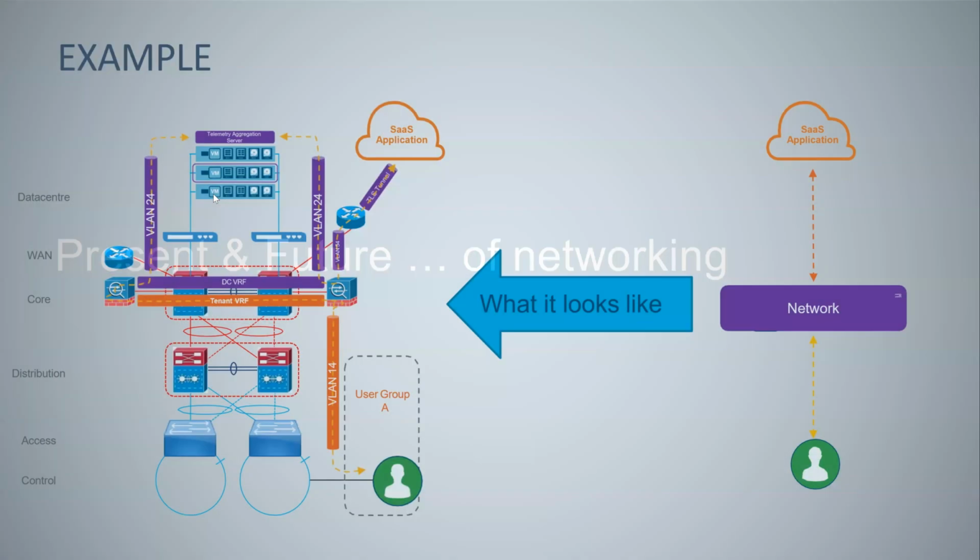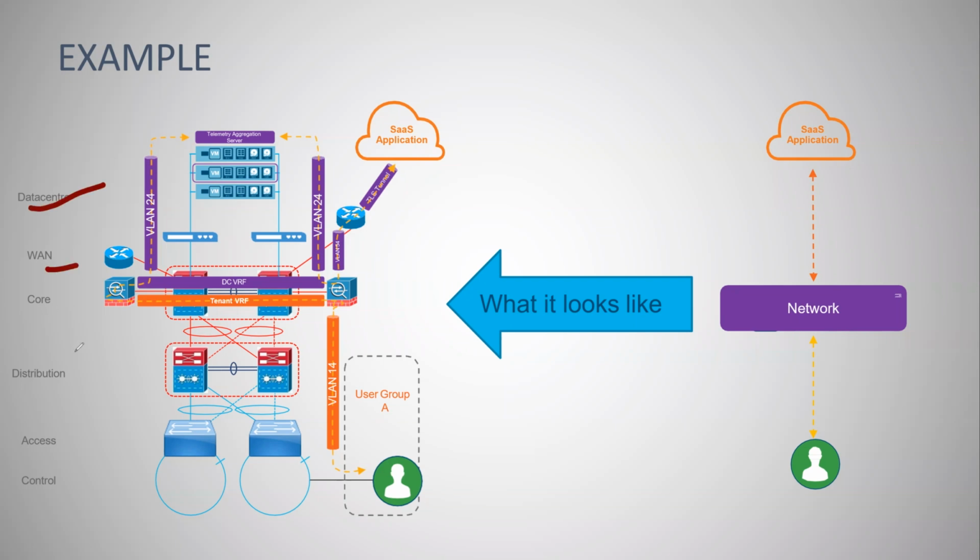So, the future of network, with some slides taken from Cisco. You can see that it's actually the fact. In the network, the data center, WAN, core, distribution, access, everything is there, and then the users. Between them you have the network and the user.